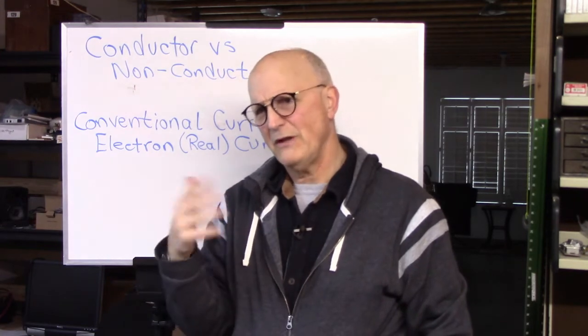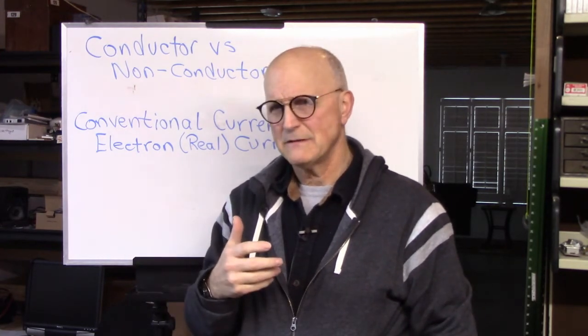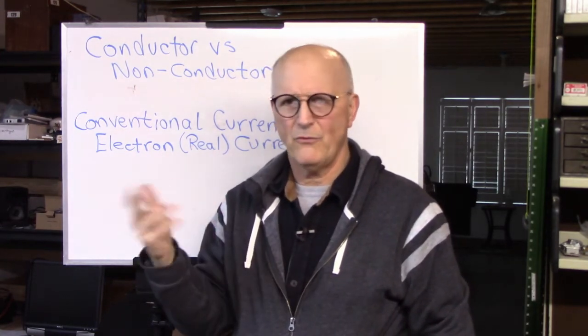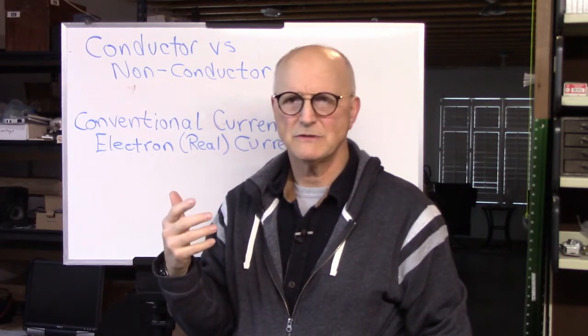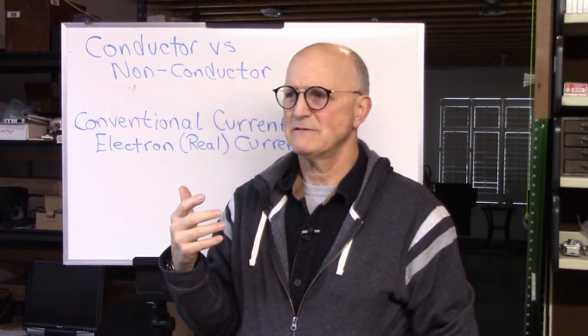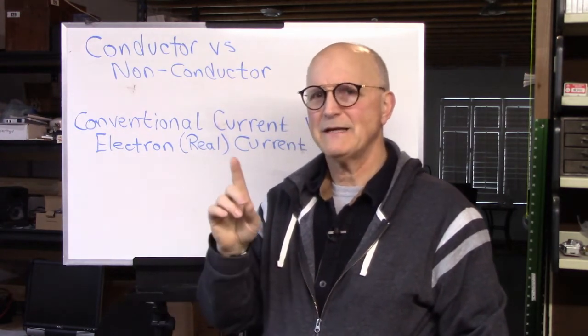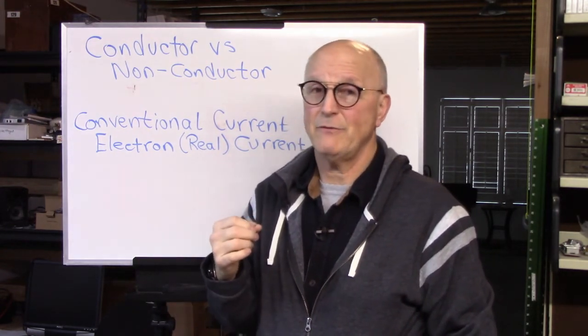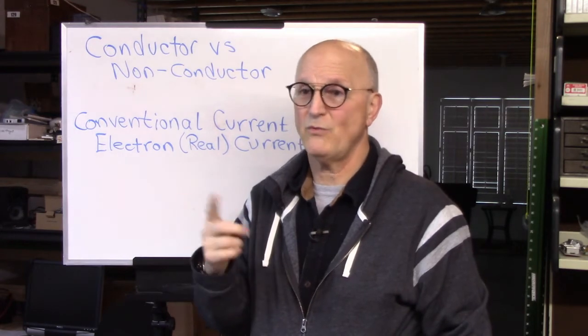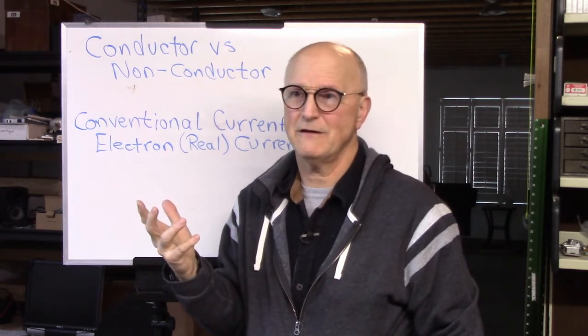So does it really make a difference? Should we care about which one to use? And the answer is no. As long as we are absolutely consistent in the convention that we choose, it doesn't matter which way we decide current is going to flow.